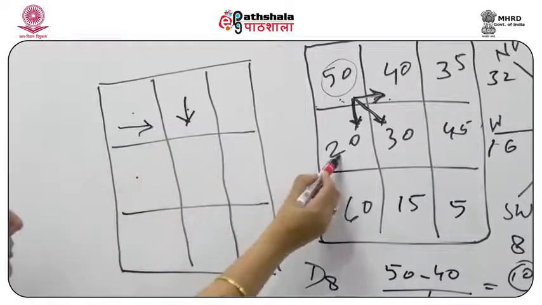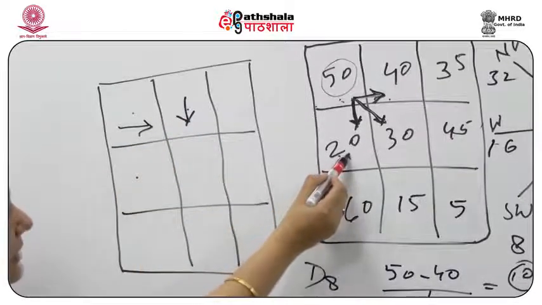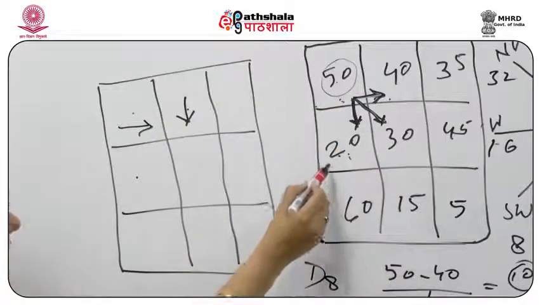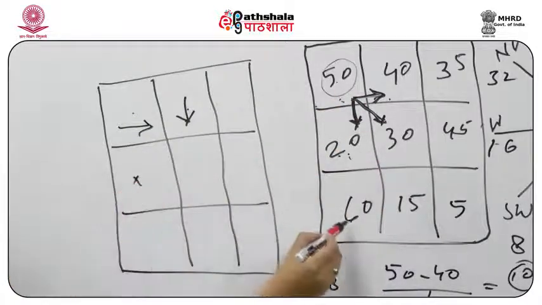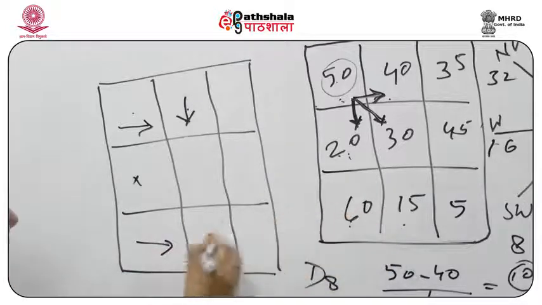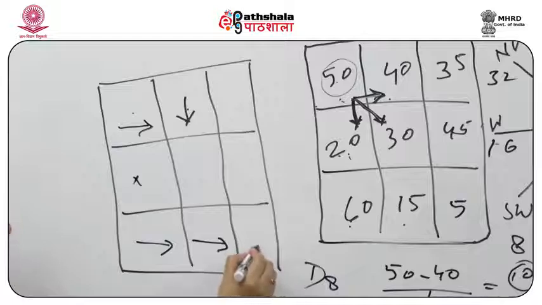Now this cell is already 20, that means it has the least slope. So the water is not coming from either of these cells, so we don't have anything here. The movement from 60 would be towards this direction, 15 will go in this, and 5 is your last point, which has the least slope, or the accumulation point here.